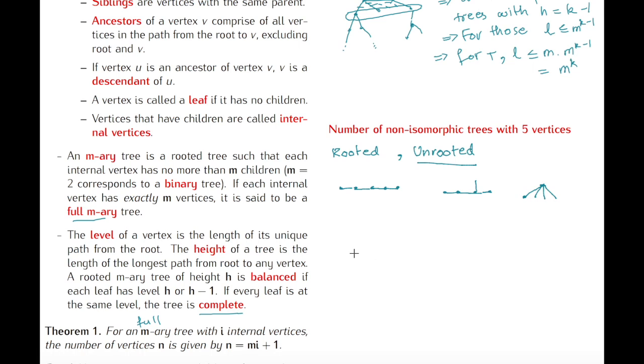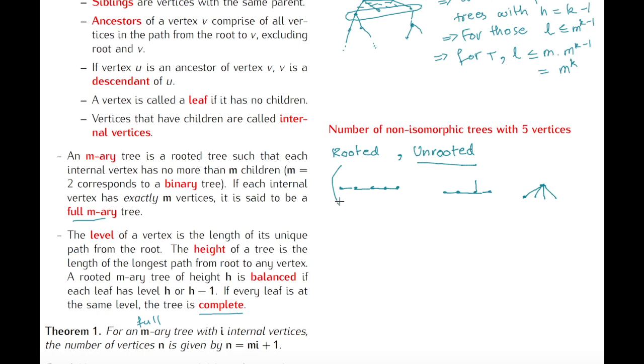Okay, so a viewer can see that these are the only options. Every other option with 5 vertices and 4 edges and connected without a cycle will lead to one of these forms. Okay, so this is unrooted.